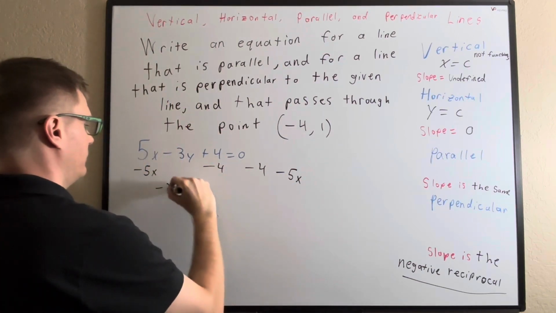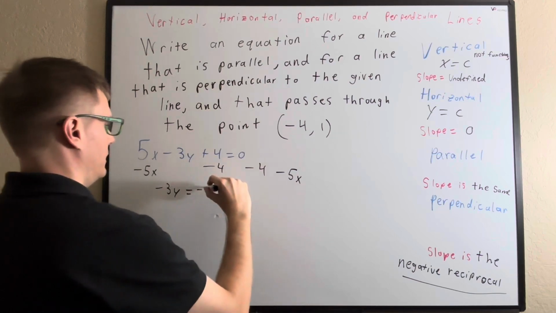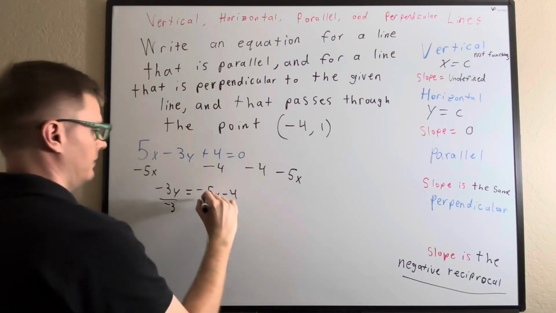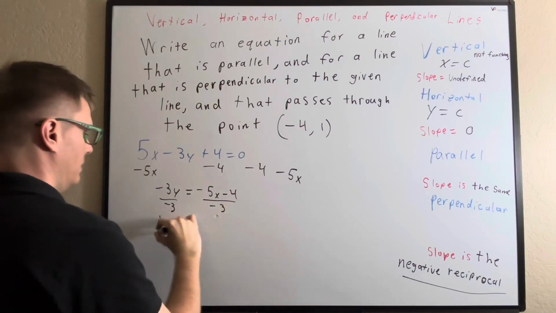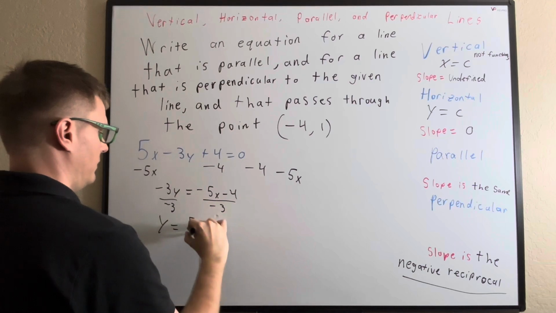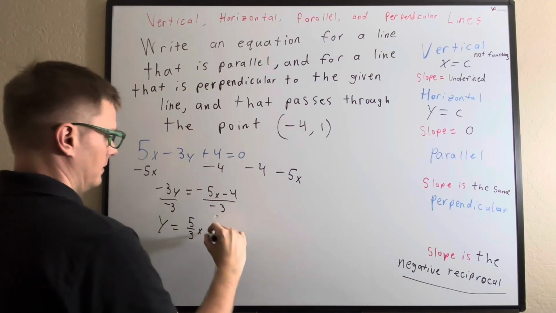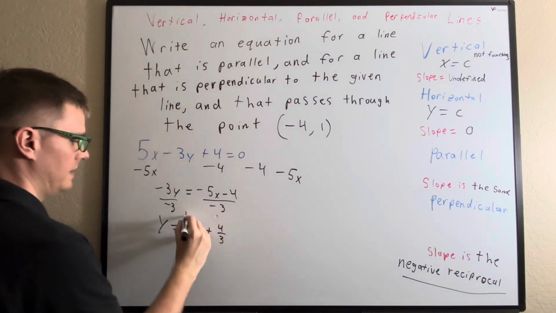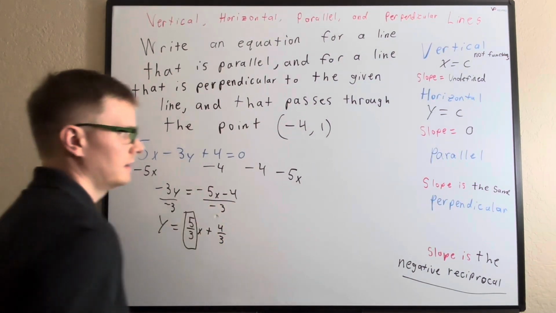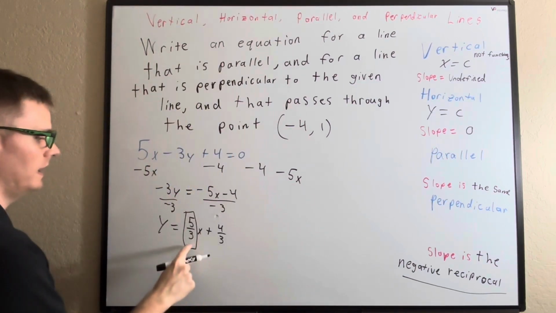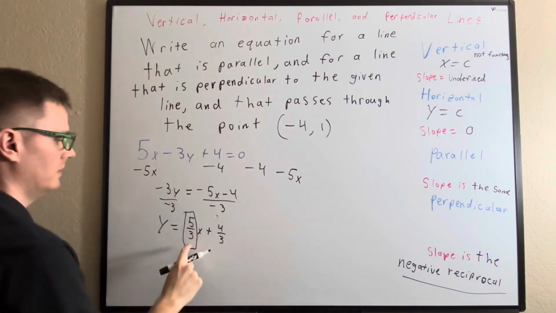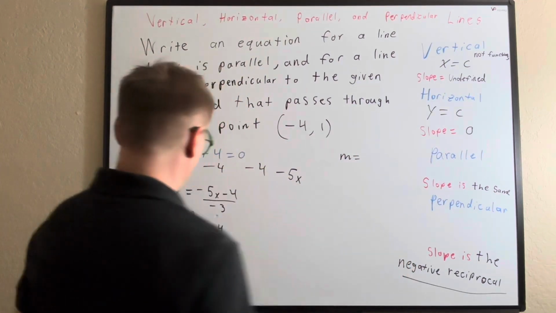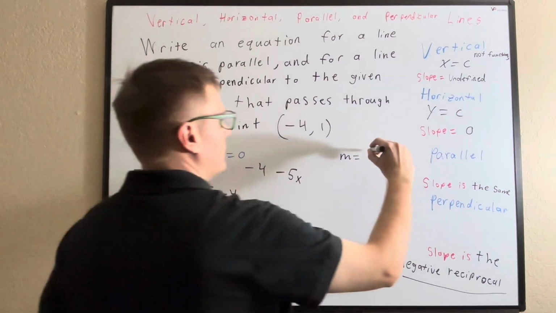So we're left with -3y equals -5x minus 4. Divide both sides by -3. y equals 5/3 x plus 4/3, but we didn't really need that y-intercept. We want the slope. So if we want a line that is parallel to that, then we know the slope is going to be 5/3.